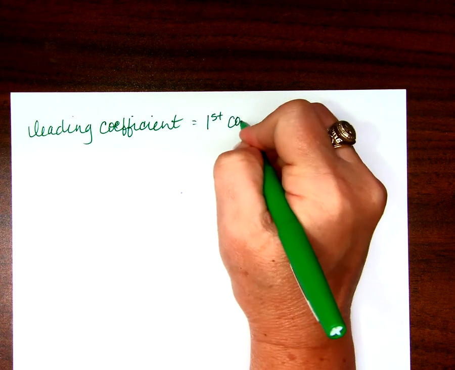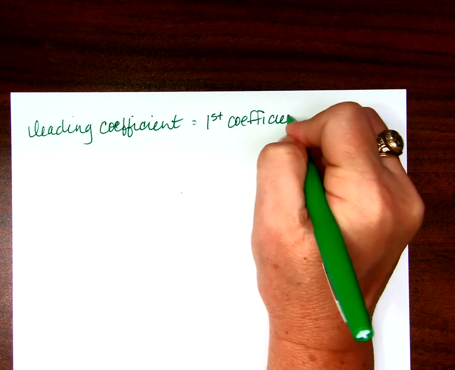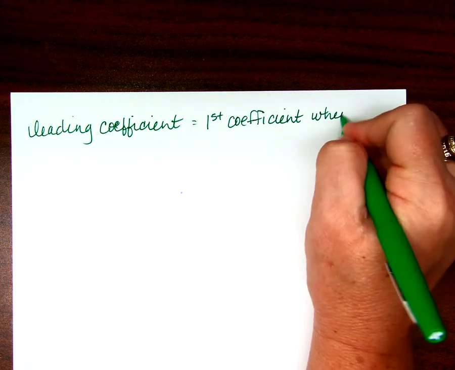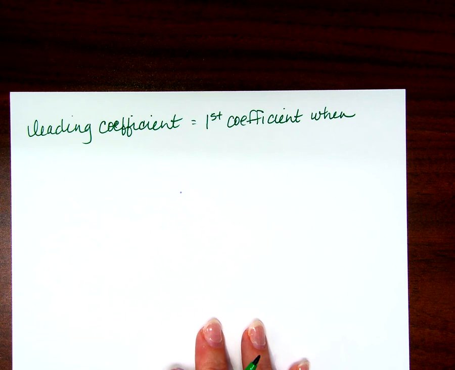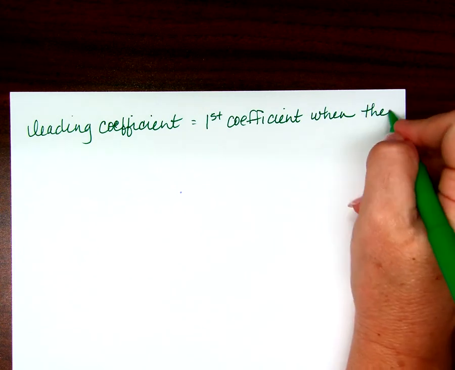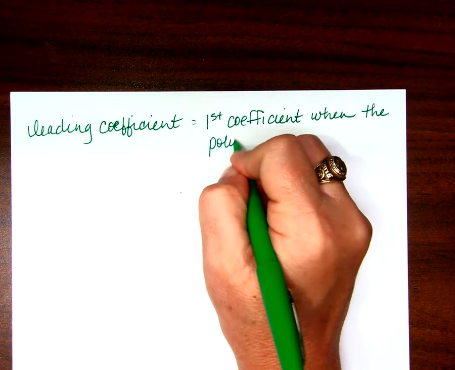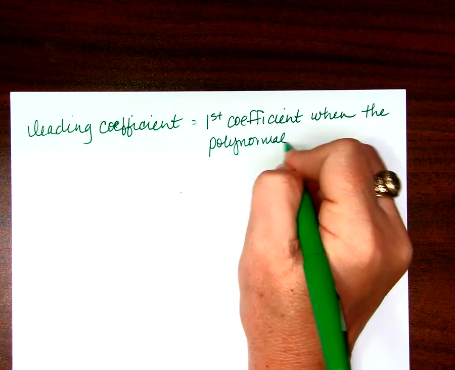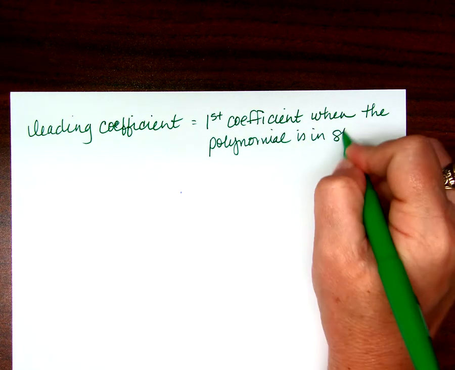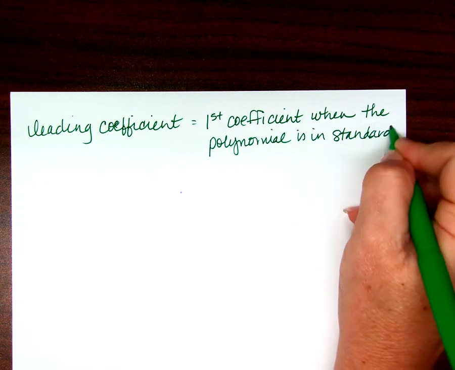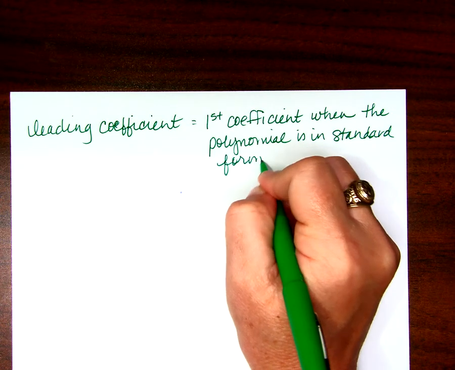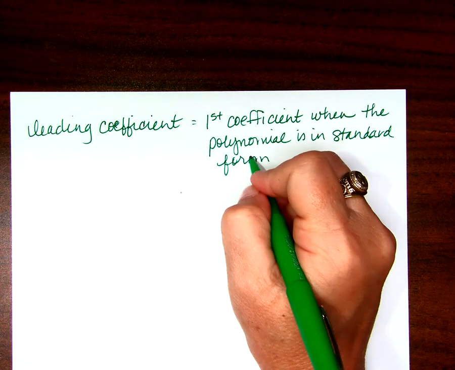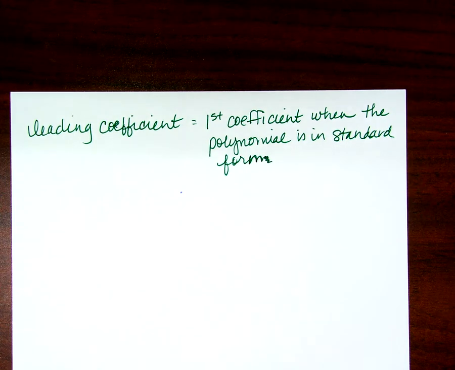It's the first coefficient when what's true. That's close. It's supposed to say form. It's the first coefficient when the polynomial is in standard form.